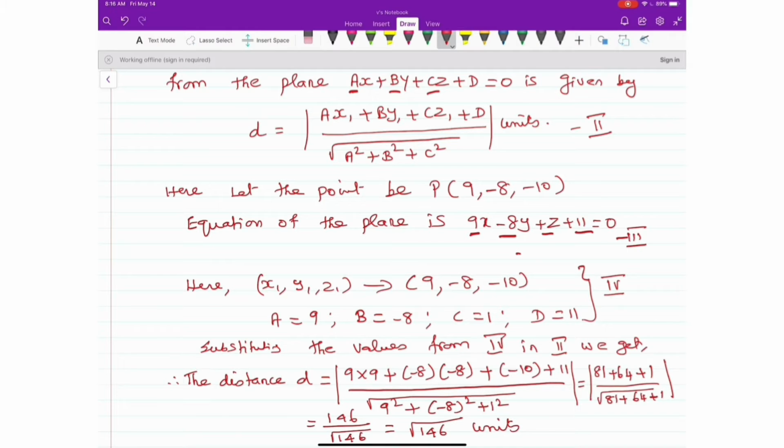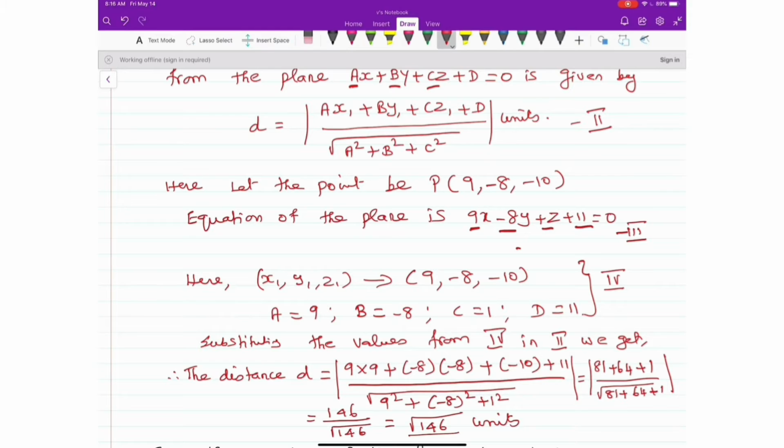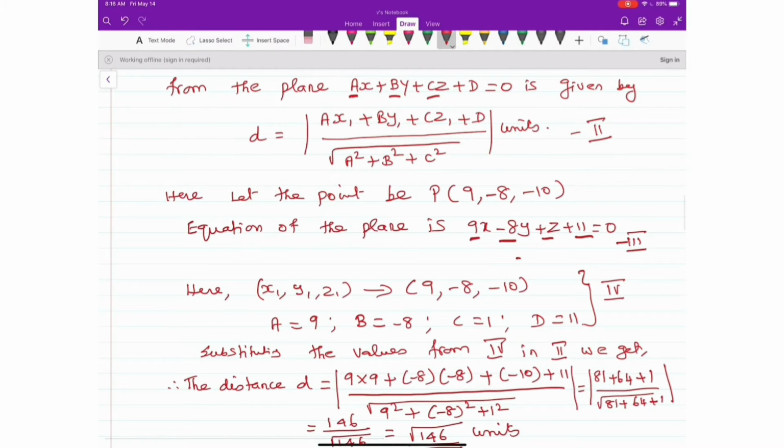So this is going to be the distance of the given point, that is (9, -8, -10), from the plane 9x minus 8y plus z plus 11 equal to 0.